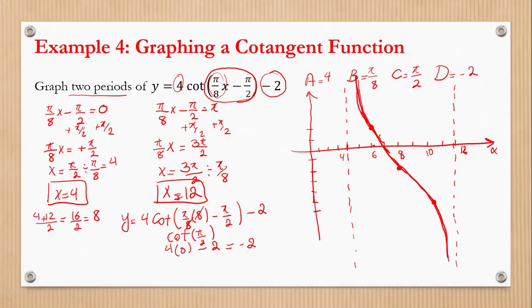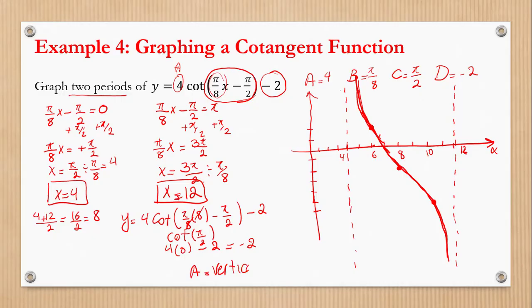And as you know, when we have a tangent and cotangent function, this a is not called an amplitude anymore, because the tangent, cotangent function always just goes all the way to infinity. Instead of calling them amplitude, we call a the vertical stretch.